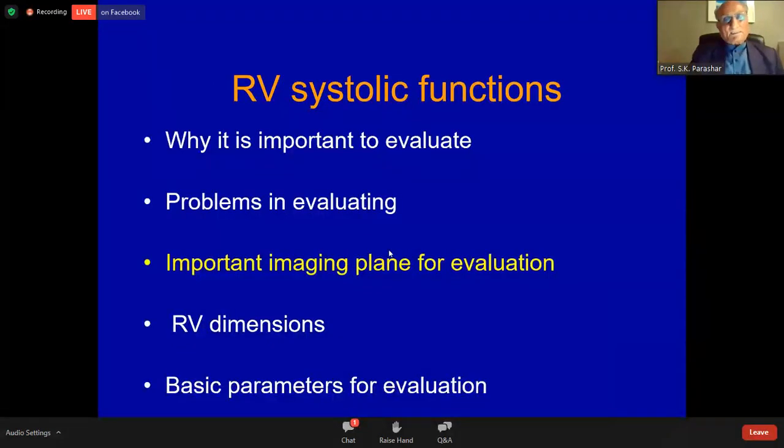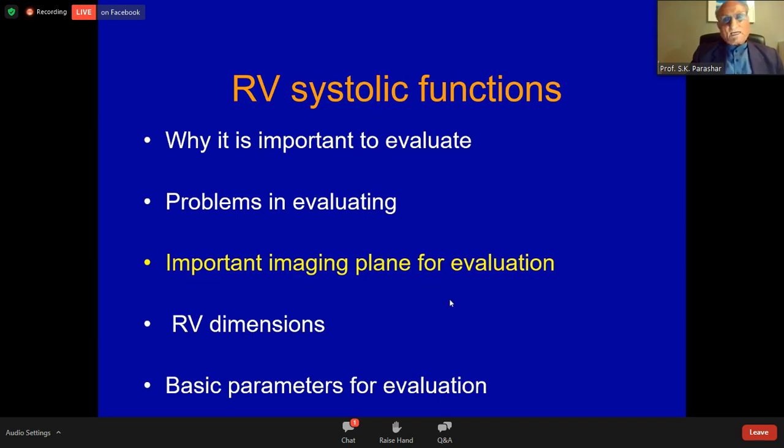Now remember the basic rule in echocardiography is imaging every plane in which that particular structure is seen. So multiplanar imaging is much better rather than focusing on a single plane. That means the RV can be seen in an RV inflow view, parasternal long axis view, short axis, apical, and subcostal also.